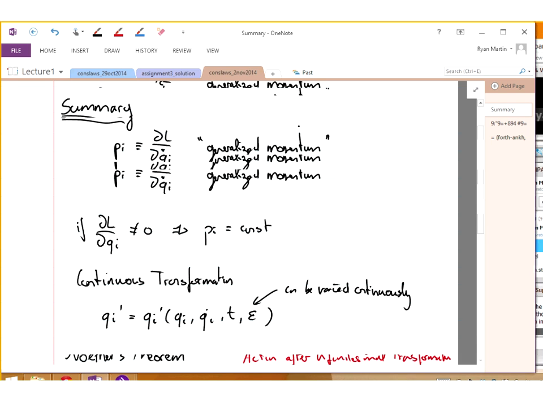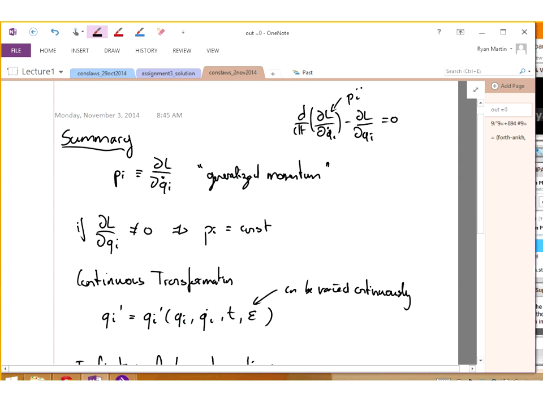The Euler-Lagrange equation is d/dt of ∂L/∂q_i dot minus ∂L/∂q_i equals 0, right? So that term is p_i. So this is the same as saying that p_i dot is equal to ∂L/∂q_i. Okay?